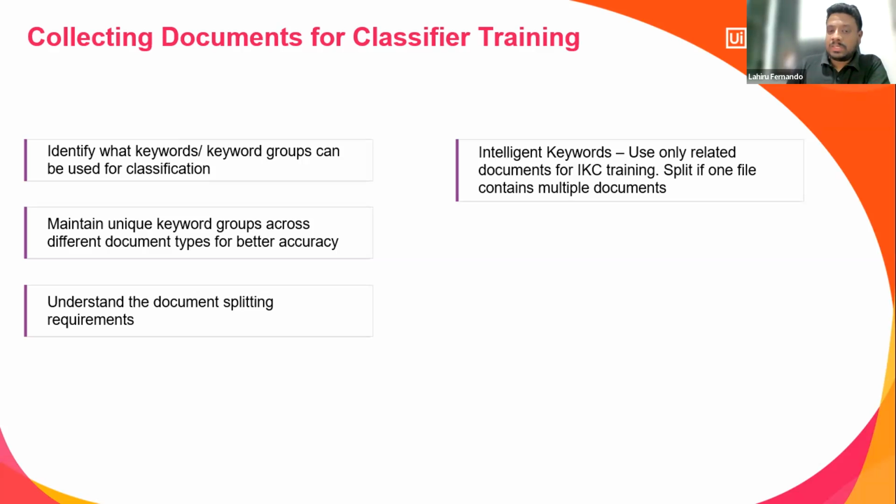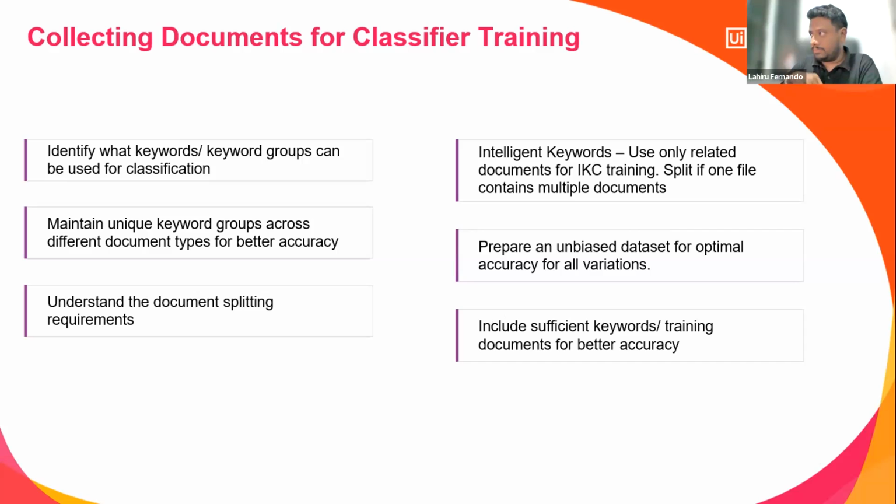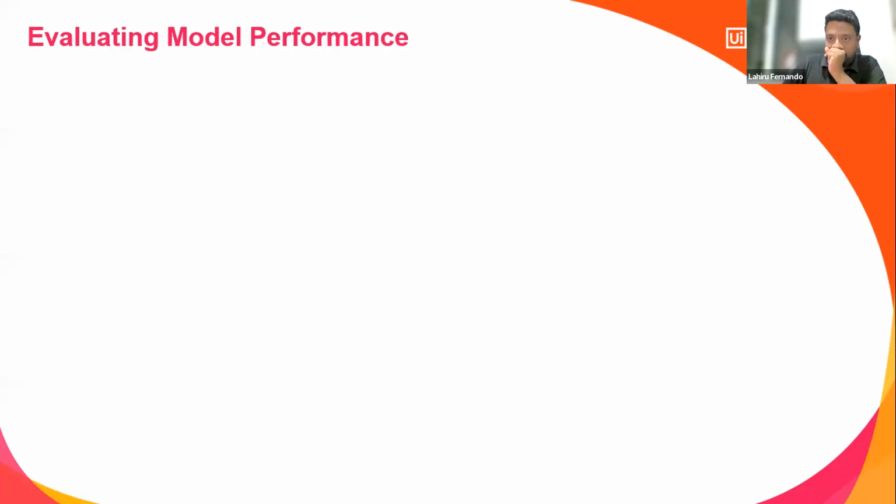So always use that. Don't just use the big document to train the intelligent keyword classifier. And again, for this also, make it unbiased. And when you're specifying keywords, always specify accurate and enough keywords to properly do that.